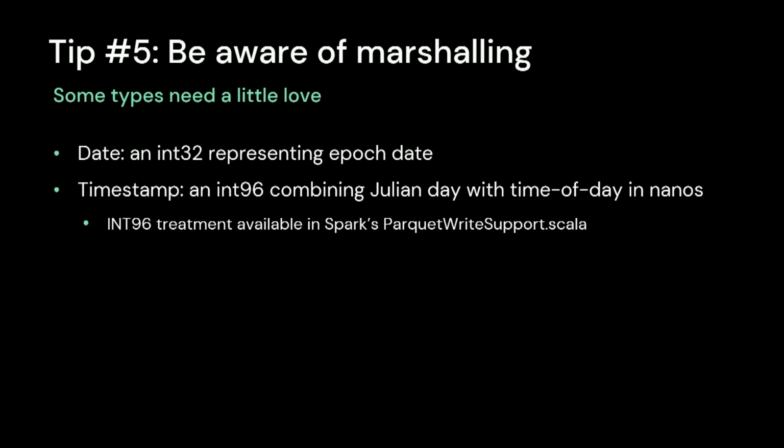And if you really want to understand that, I point you to the ParquetWriteSupport Scala file inside of open source Spark, and you can immediately jump to how that is assembled and treated. But if you're trying to present a timestamp to a user and what you got was an int96, you're not done yet.